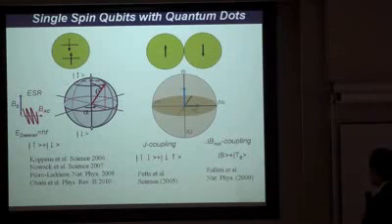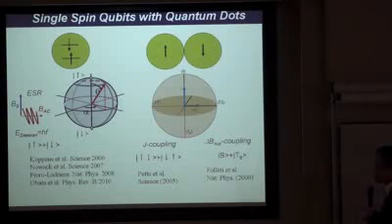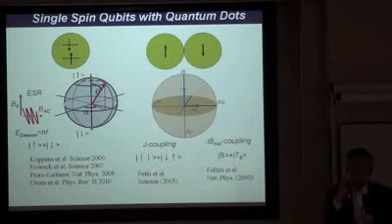A more recent approach is to use the difference of the fluctuating Zeeman nuclear field between two dots. This fluctuation along the z-axis can couple the spin singlet state and the spin triplet state with total spin of 0 for a double dot with one electron in each. So this fluctuating nuclear field along the z direction can couple these two states to form a superposition state. This was also demonstrated very recently by the Harvard group.